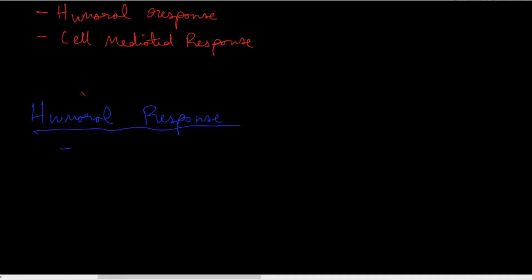So this happens in the extracellular parts of the body, like the blood and various liquid substances, so outside of the cell. It's not going to be in the cell. It's like in the tissue and blood vessels and things like that. So it's going to happen in the humoral region of the body, or the extracellular region.